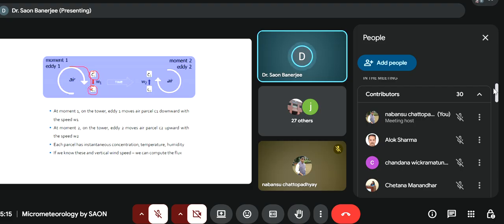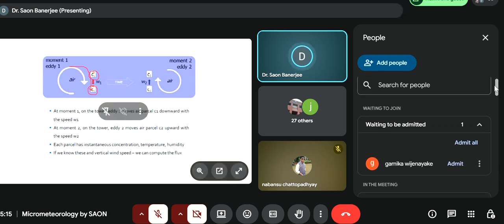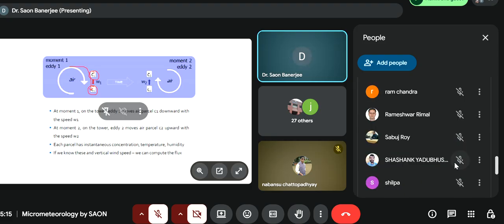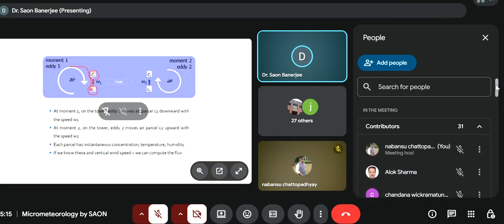If we have that sensor, we can tell how much carbon dioxide is coming to this portion, and if we have the sonic anemometer at two levels, we can tell that this much air current is coming with this type of concentration. So that is how we know whether the eddy current is moving upward or downward.